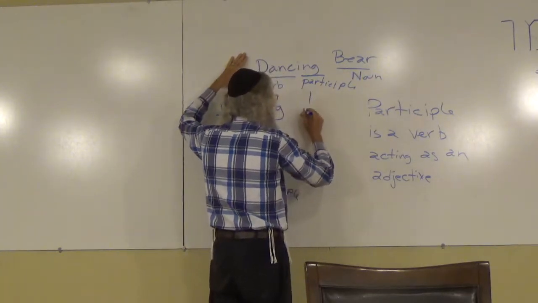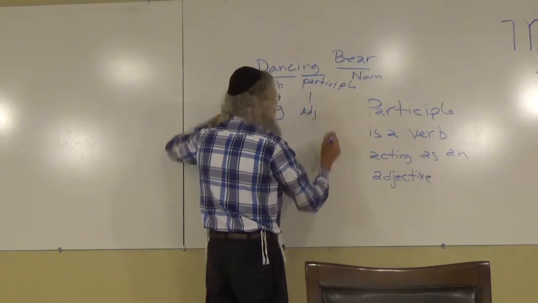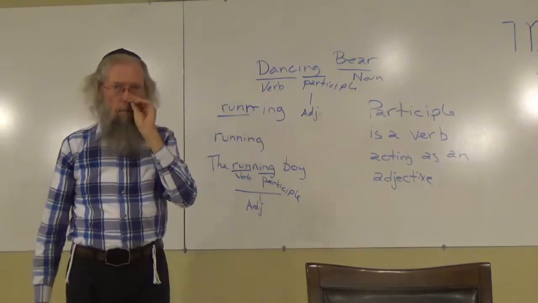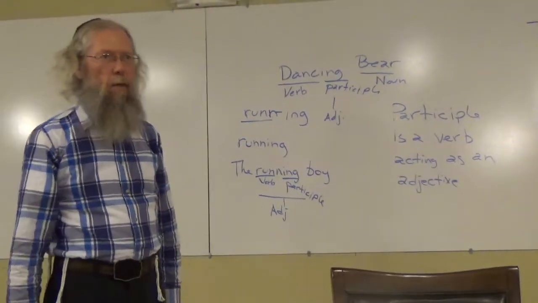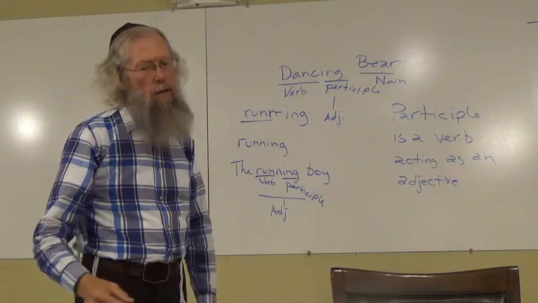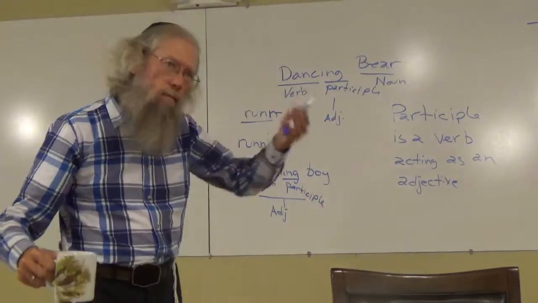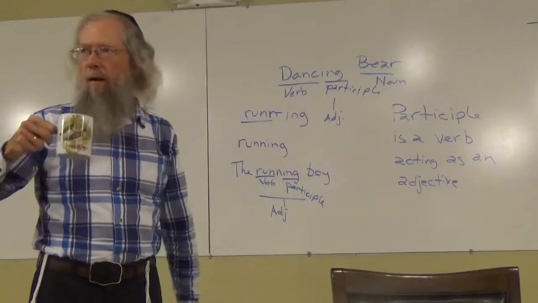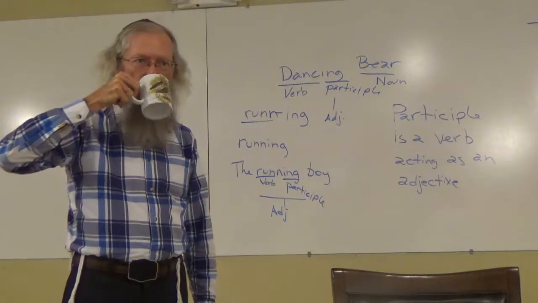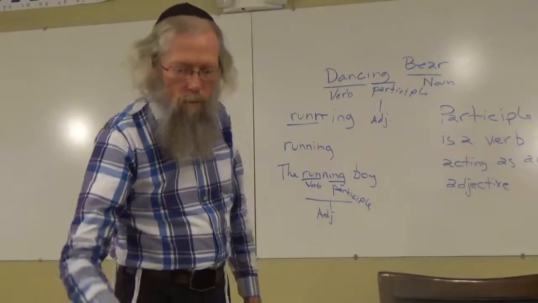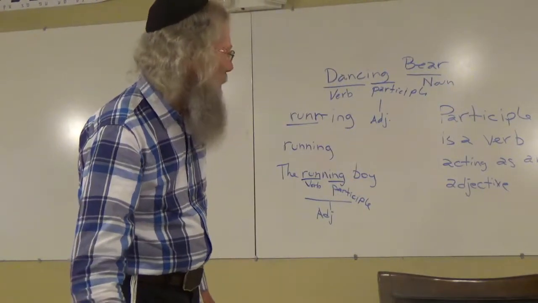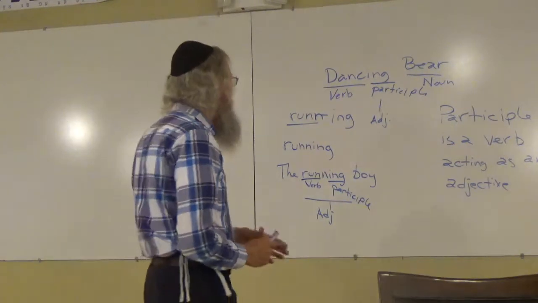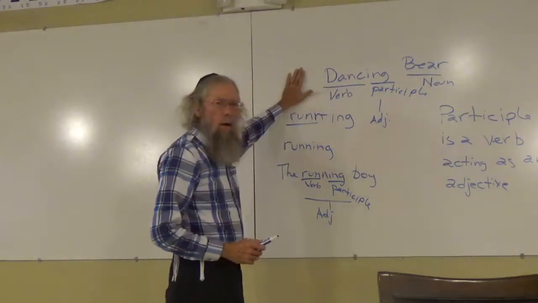So it is acting as an adjective. Okay, everybody with me? So that's kind of a repeat of what we have been studying. This is the way a participle acts. The participle acts the same way in Hebrew.